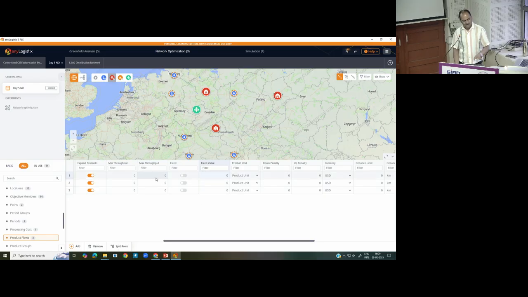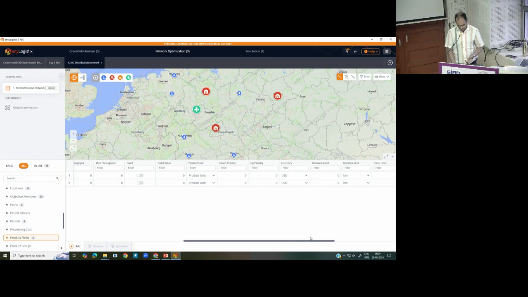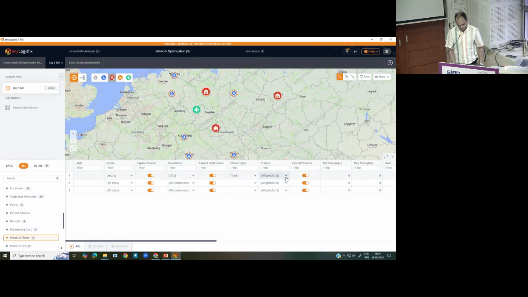Currently I am not applying anything here, so I am saying that whatever demand is there, that supplier can send it. Product unit, again you can see meter cubic or pieces, I would say. Let me double check it. Product unit, you don't need to define it. Okay, that's fine.